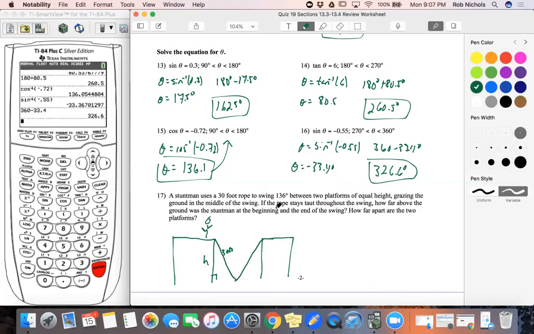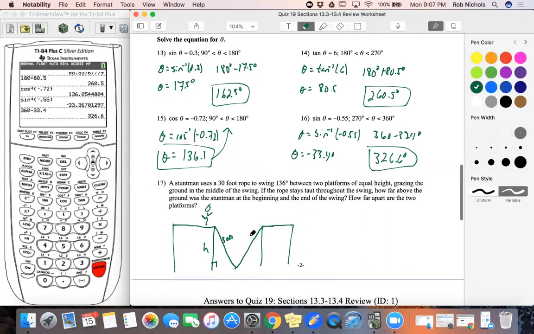Okay, so 136 degrees between two platforms of equal height. I think this angle here is 136 degrees.